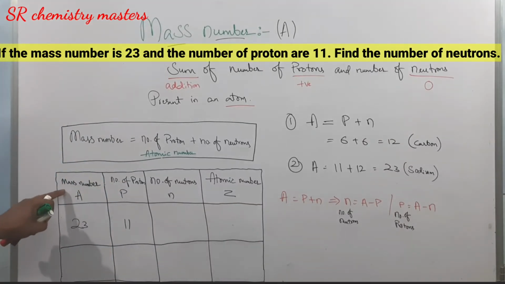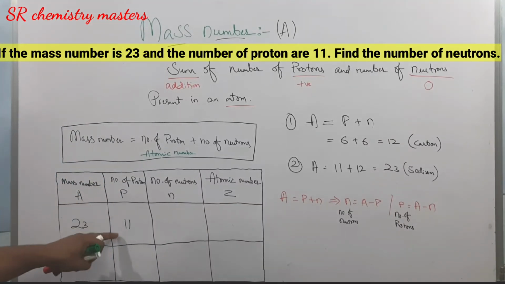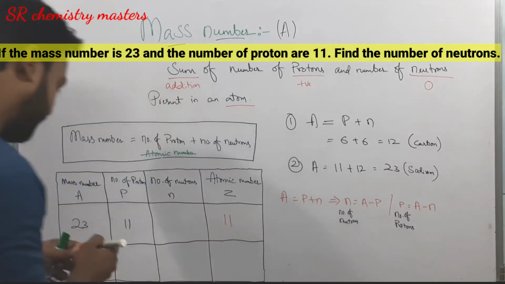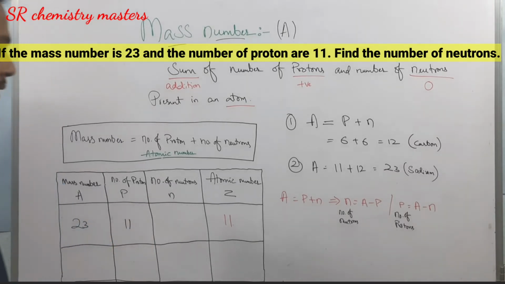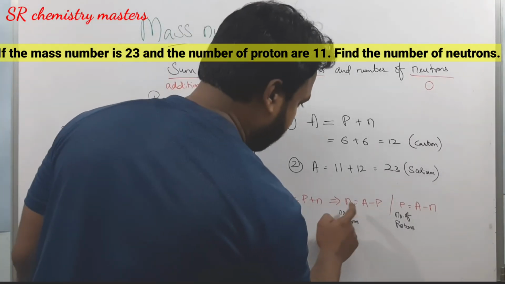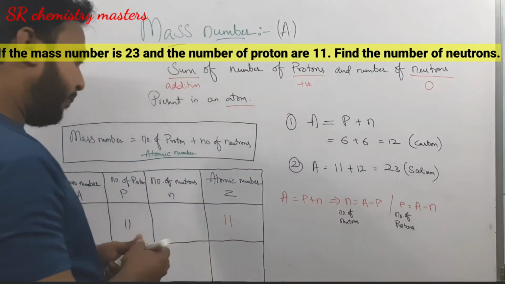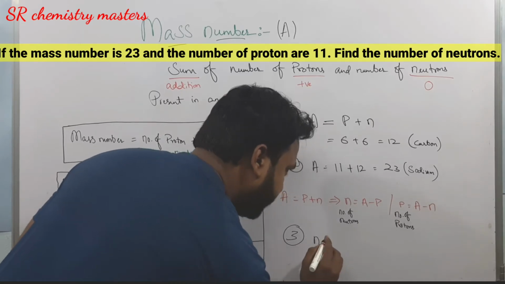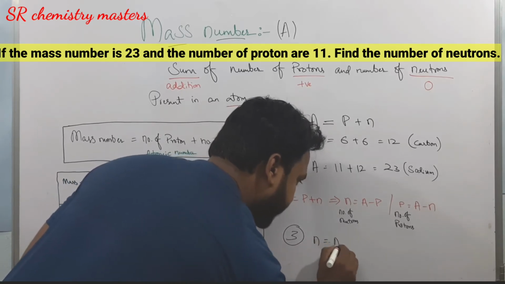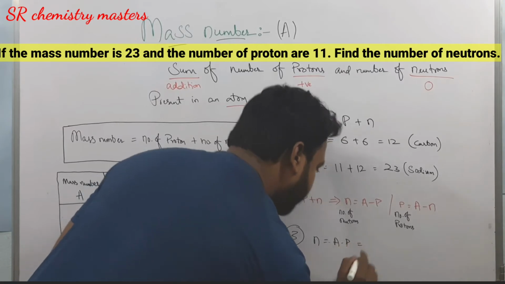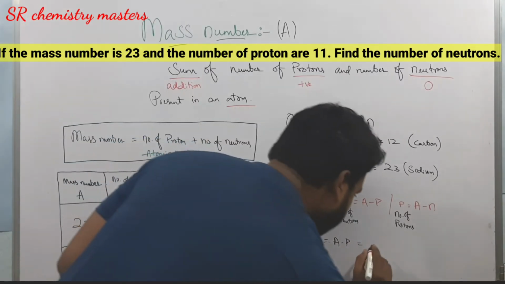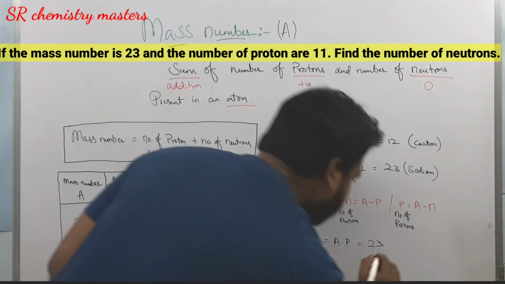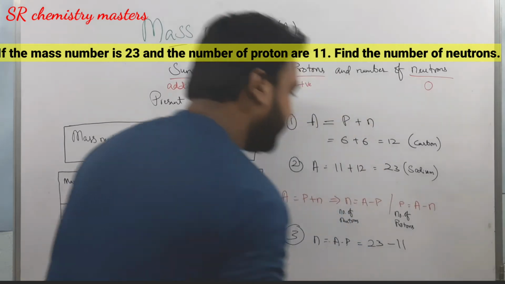In this case, the mass number is given as 23, the number of protons is 11. Automatically you know that the atomic number in this case is 11. Now we are going to calculate the number of neutrons. Simply you are going to use the formula N is equal to A minus P. In this case, N is equal to A minus P, which is 23 minus 11, where 23 is the mass number and 11 is the atomic number.